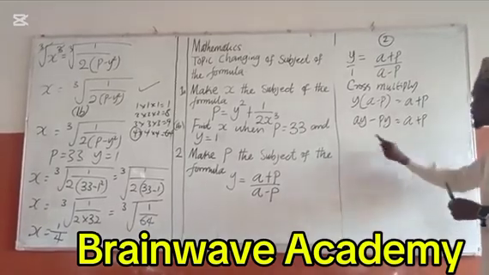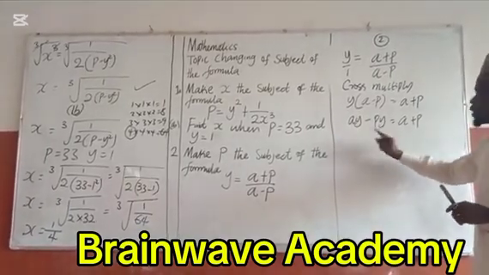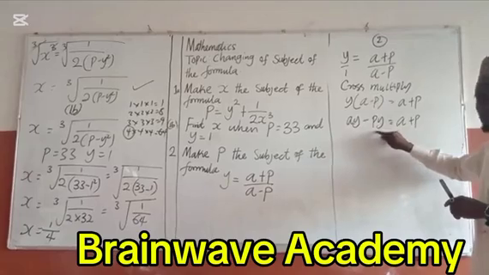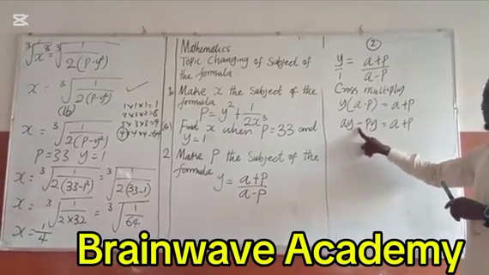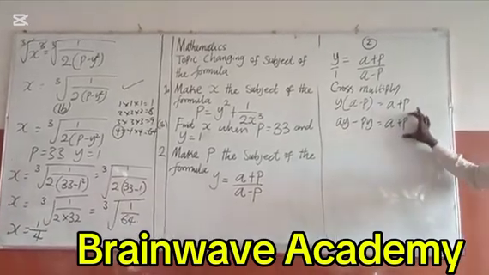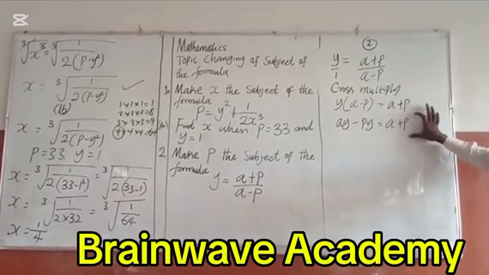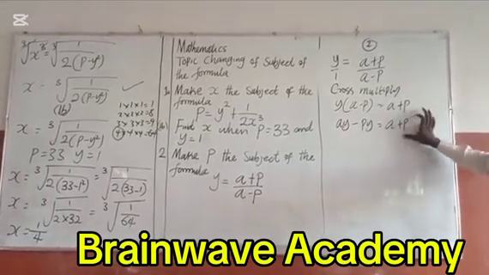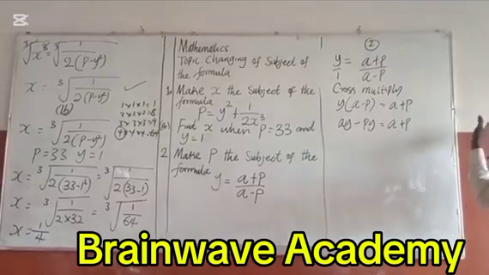So now, if you look at it, this is AY, there's no P here. But this is Y, there's P here, but it's carrying negative, it's minus PY, while the other P is carrying positive. We have to make it easy by leaving the side that has P and taking the negative one to the other side.